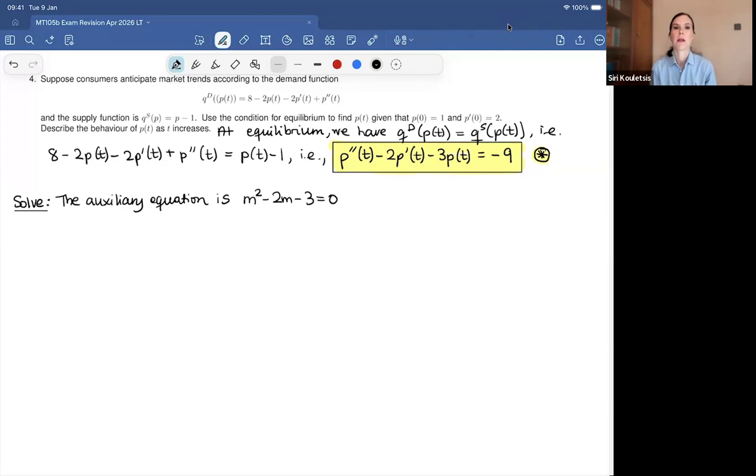We have m squared minus 2m minus 3 equals 0. And so we can either factorize directly here, or we can use the formula for the solutions of a quadratic equation.